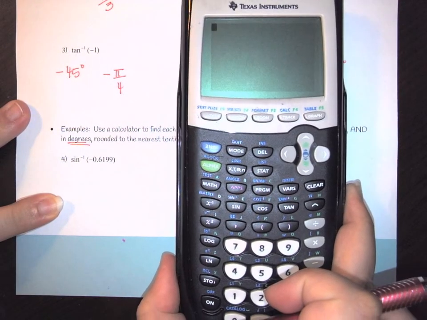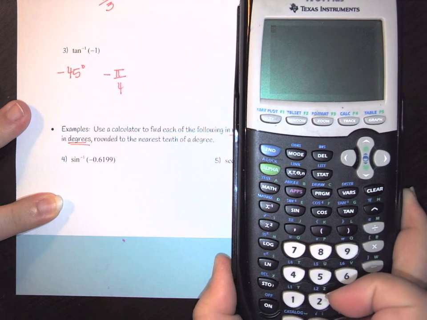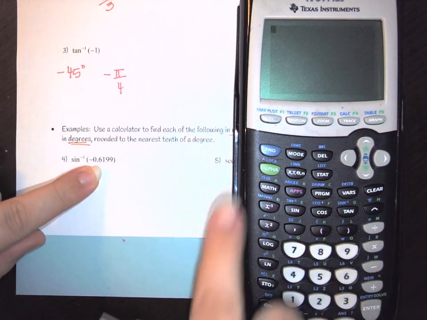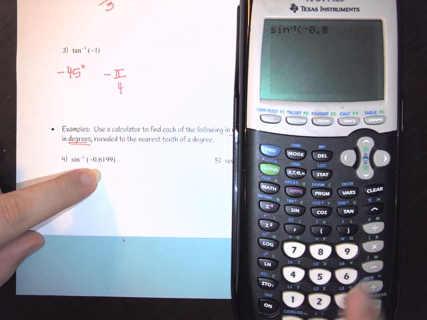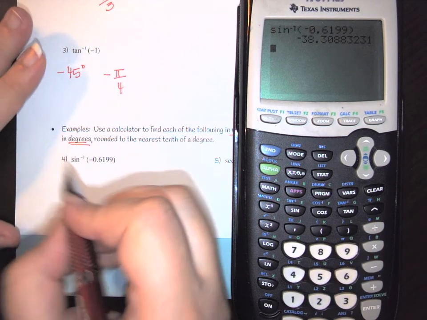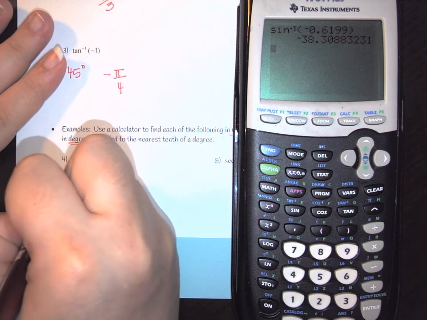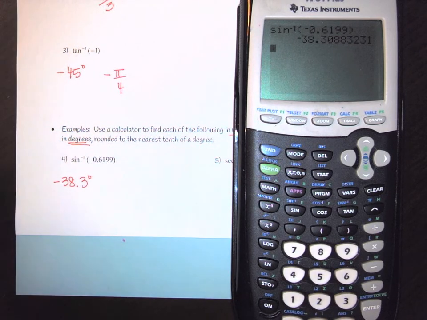So simply all we have to do here is we just have to put it in exactly the way that it says right here. So I'm going to go second sine, and then I'm going to type exactly what I see, negative 0.6199, close it, and hit enter. We're going to round to the nearest tenth, so here we get negative 38.3 degrees.